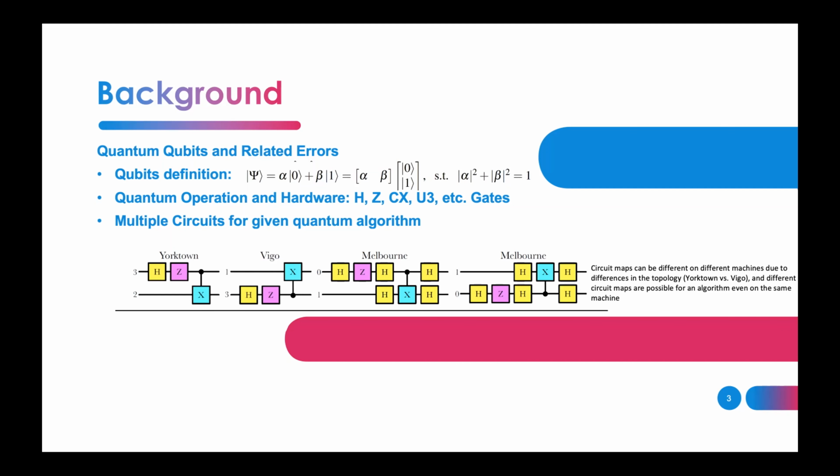There are many operations in quantum, but it depends on the backend or the hardware, whether they can support that or not. Technically, in theory, we have H, Z, CNOT gate or CX, unitary gates, U3, etc., and many more.